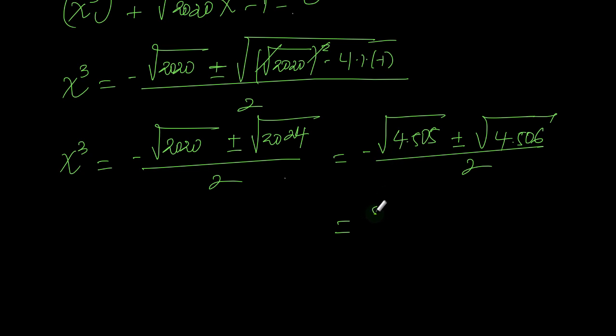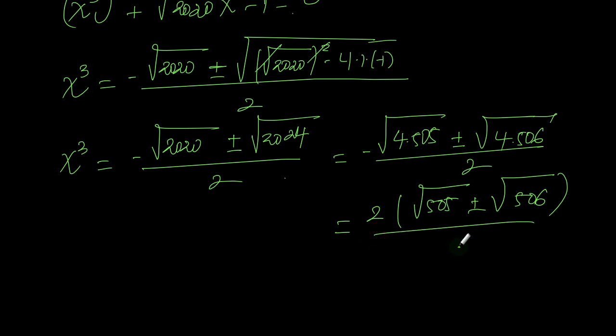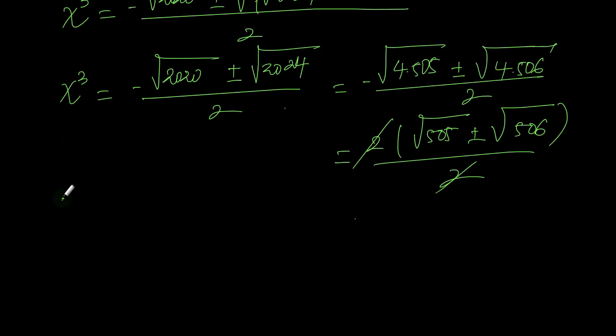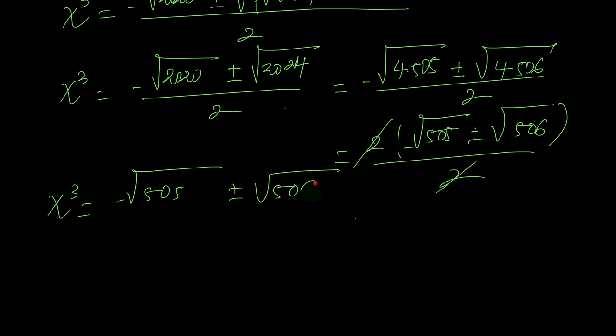We're going to have then 2, which multiplies square root of 505 plus or minus square root of 506, right, divided by 2. So simply find these ones. We get then that our x to the 3 is equal to minus square root of 505 plus or minus square root of 506.